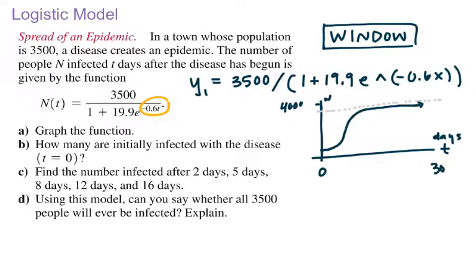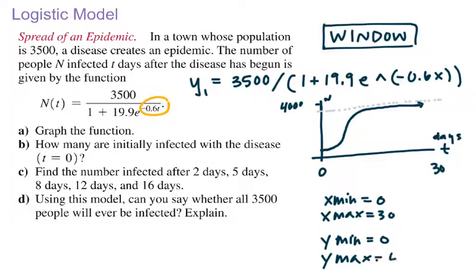And there were only 3,500 people, so I went from 0 to 4,000. If I were changing my window, my X min would equal 0, and my X max would be 30. My Y min would be 0, and my Y max is 4,000. I know I'm going to keep 0 for my X min and Y min because I can't have negative time and I can't have negative people.